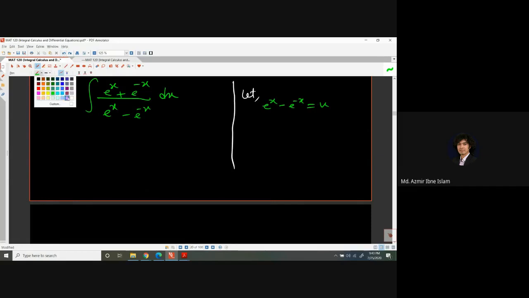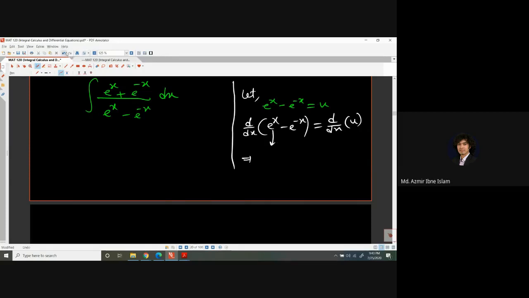So let's differentiate again. Once we have considered a function as u, the second step is to differentiate. So we are differentiating both sides. Differentiation of e to the power x is becoming e to the power x.